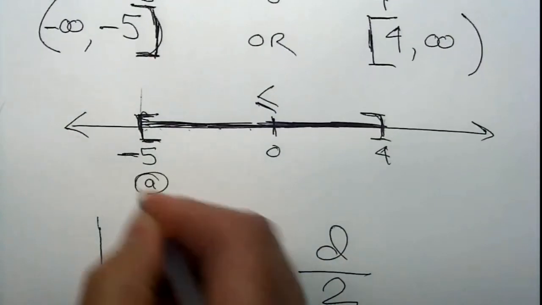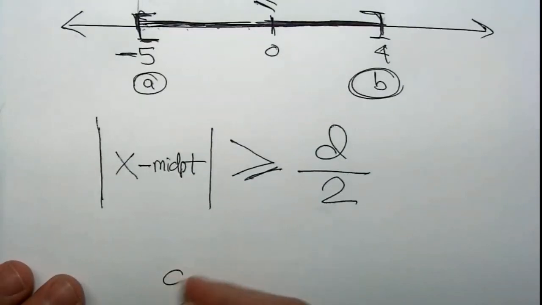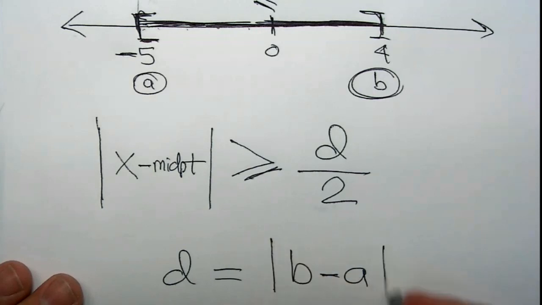Now, if you were to label this as A, and this over here as B, distance is just the difference, B minus A. Just subtract the two. Now, distance is supposed to be positive, so let's make sure it's positive, and absolute value does a great job on that. So my distance will be the absolute value of B minus A.